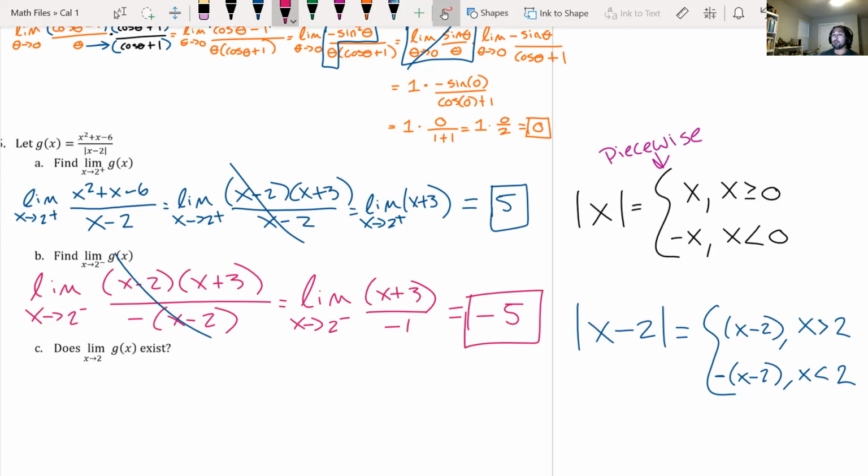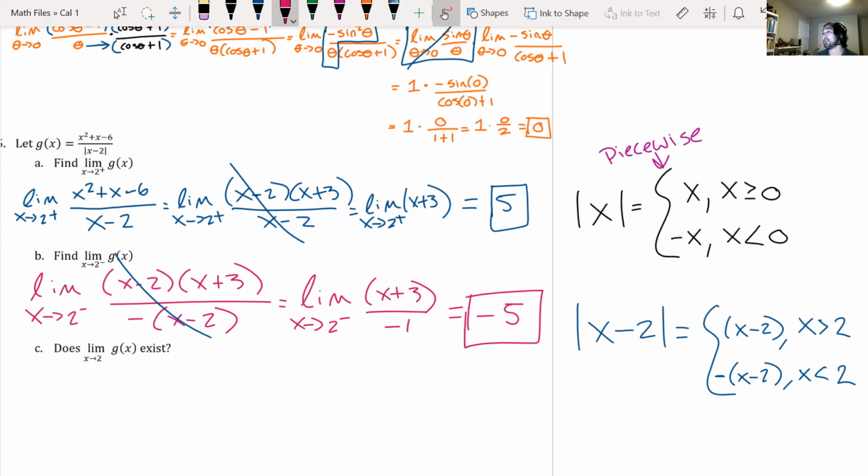All right. So now C. C is not asking us to look at the piecewise or the restrictions. C is asking us if the limit from both sides exists, which will fall on the theorem, the existence of a limit. In order for a limit to exist from both sides, the left-hand must be equal to the right-hand.